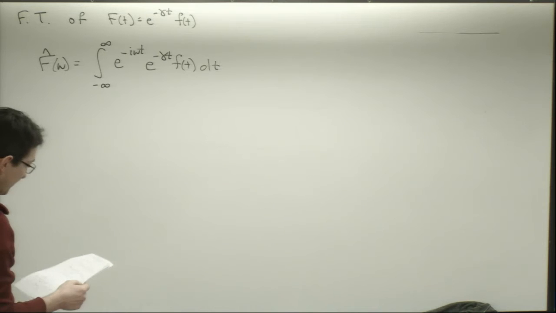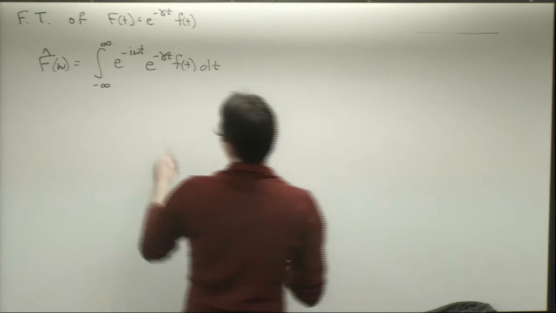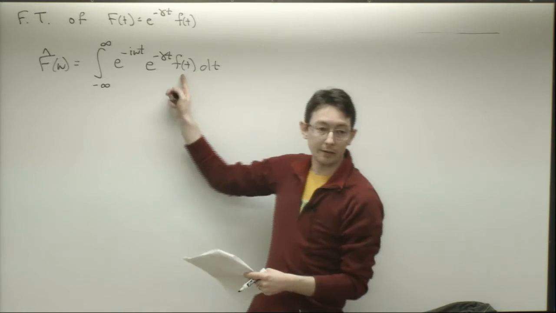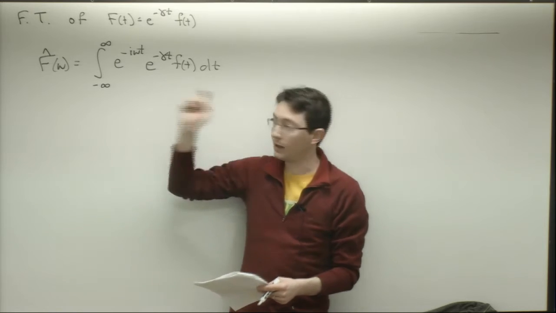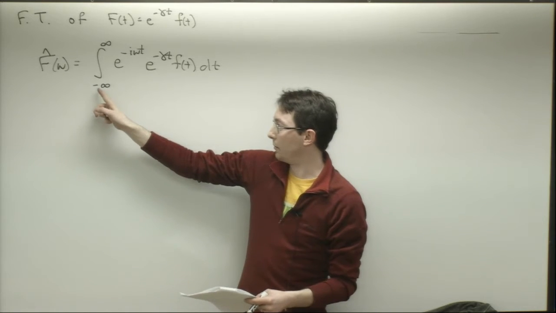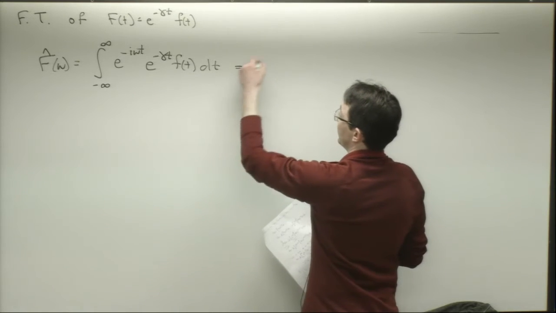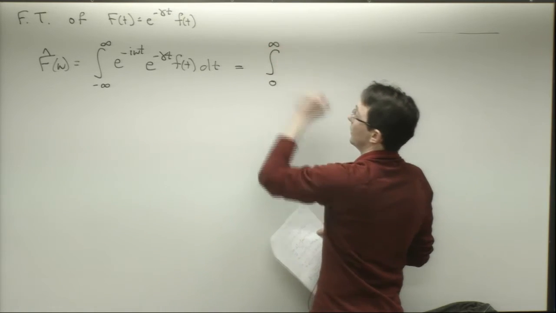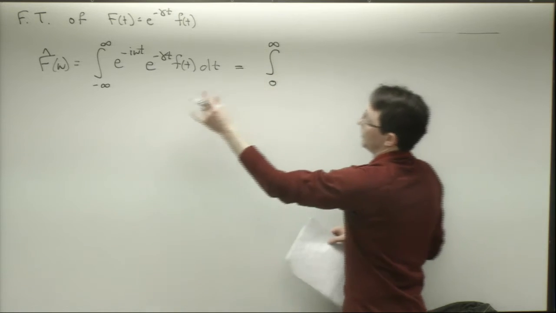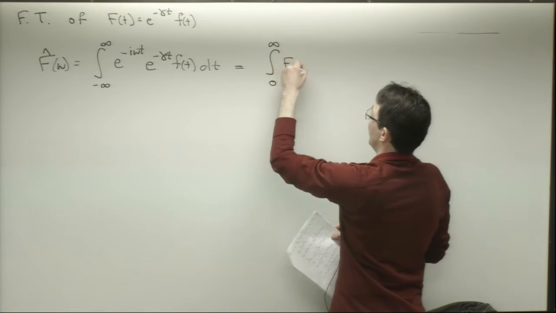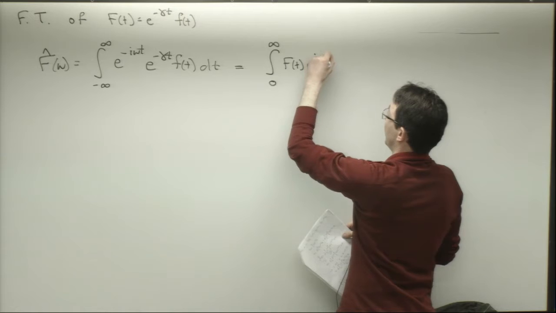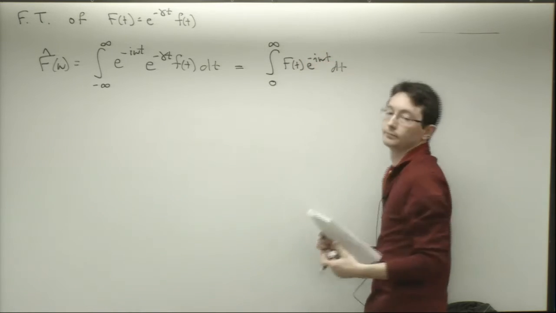Seems right. Okay, good. Because this function f is only defined on positive t, everything from minus infinity to 0 is equal to 0. So I'm just going to say this is equal to the integral from 0 to infinity of, using shorthand here, f of t e to the i omega t dt.